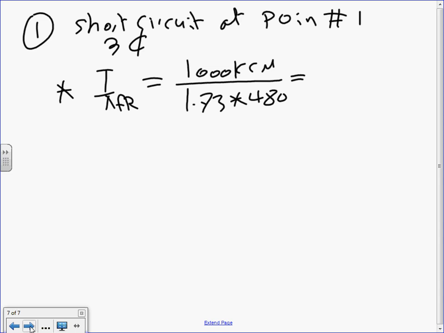Any second? Good, 12.04. Thank you. 1204 amps. The full load current of this transformer is 1204. Cool? That's a piece of cake. No gimmicks, nothing to it.